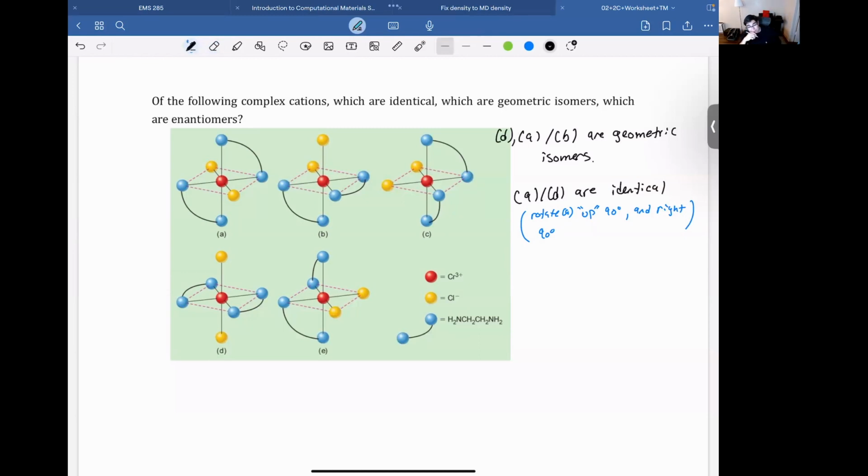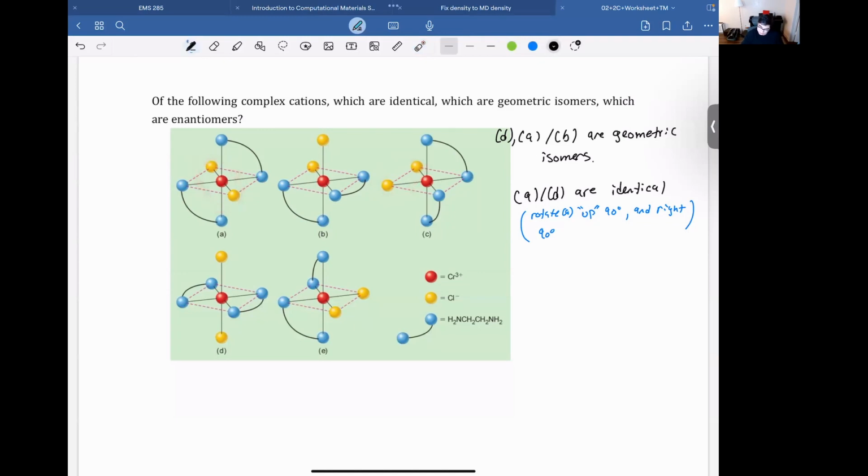Okay, moving on. Why don't we go ahead and compare A to C? So comparing A to C, we have two of the same ligands on different axes again.